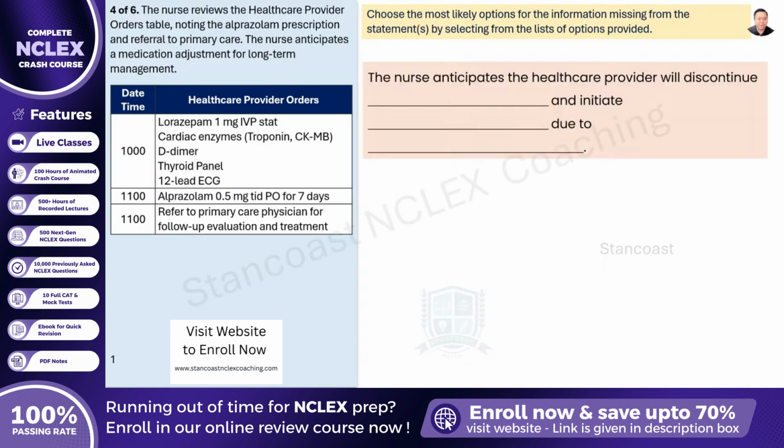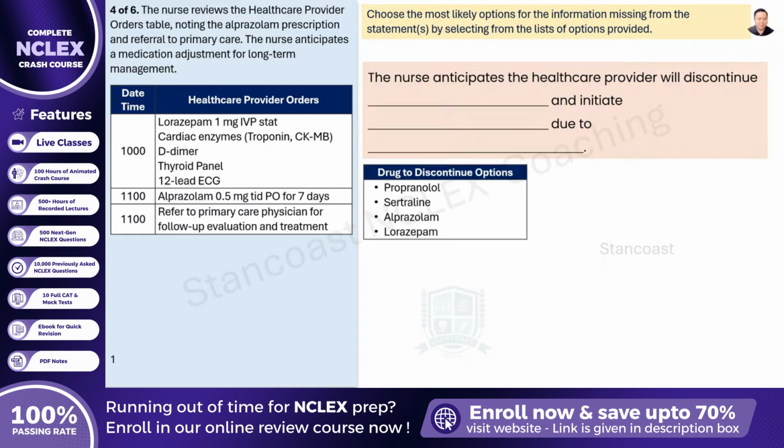So here's the statement. It says, the nurse anticipates the healthcare provider will discontinue blank and initiate blank due to blank. And here are the options. For the first blank, the options are propranolol, sertraline, alprazolam, lorazepam.